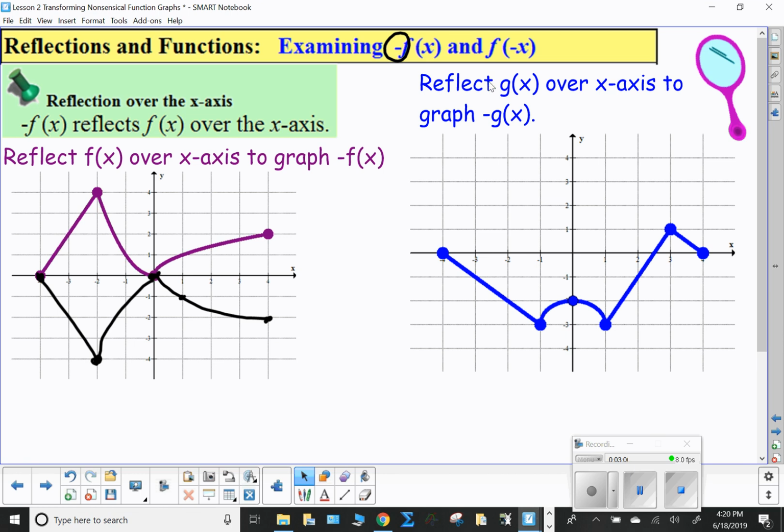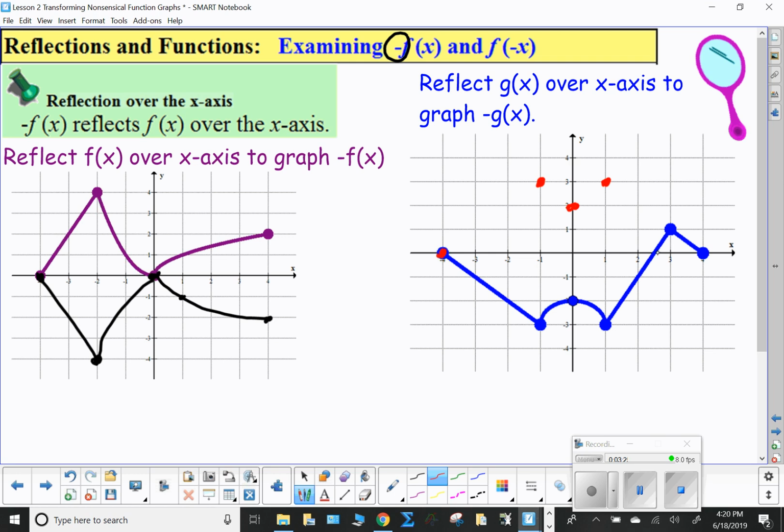Now, if we want to reflect g of x over the x-axis to create negative g of x, I'm going to do the same thing. If I'm on the x-axis, I stay. But here I'm 3 below, so I go 3 above. I'm 2 below, it goes 2 above. 3 below, 3 above.